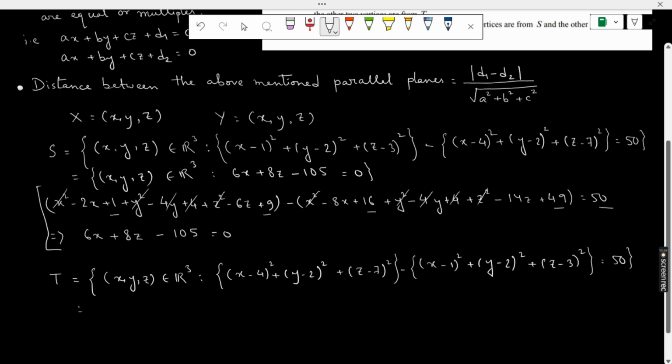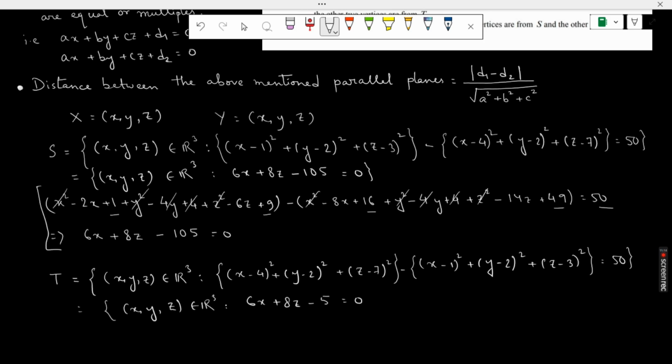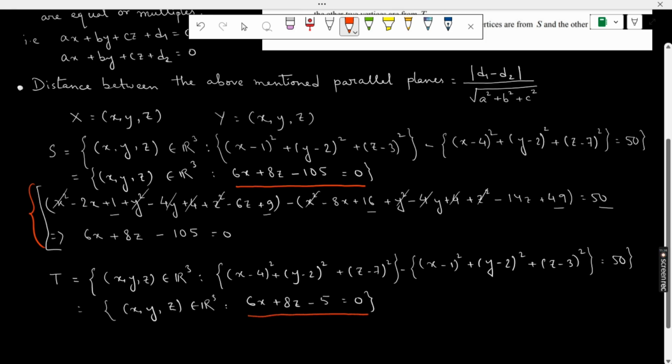So the other part will be the same, that means the coefficients of x, y, z will be the same. So 6x plus 8z, but the sign will be opposite and 50 will be the same, so it will be minus 5 equals 0. You can check it on your own. So this is for the rough part. It is clearly visible that 6x plus 8z minus 105 equals 0 or 6x plus 8z minus 5 equals 0, both represent planes.